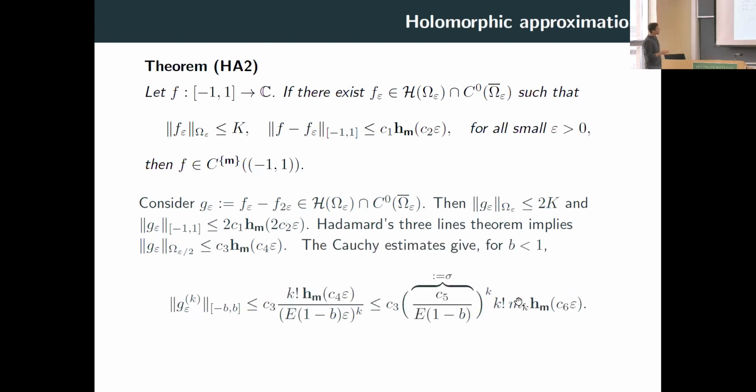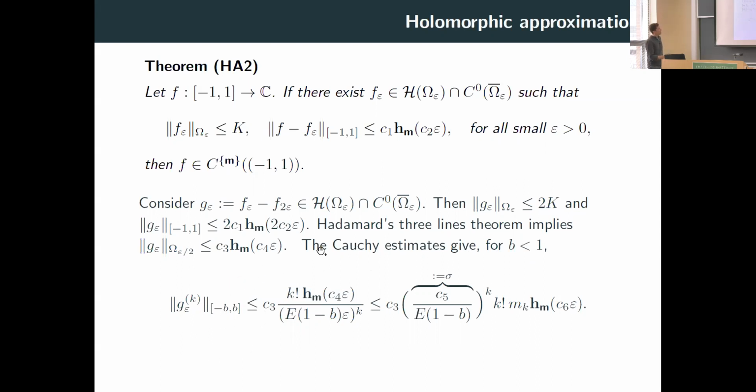Okay, and then in the next step, remember we want to show that our function satisfies Denjoy-Carleman bounds. So I look at the derivatives of g epsilon, derivatives of all order, and I take any number b less than 1, and I look at the corresponding interval minus b, b, and I want to bound the derivatives on this interval.